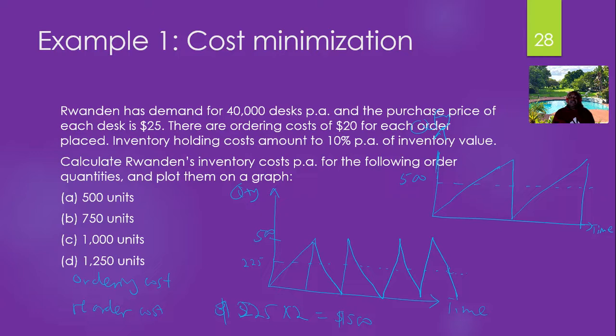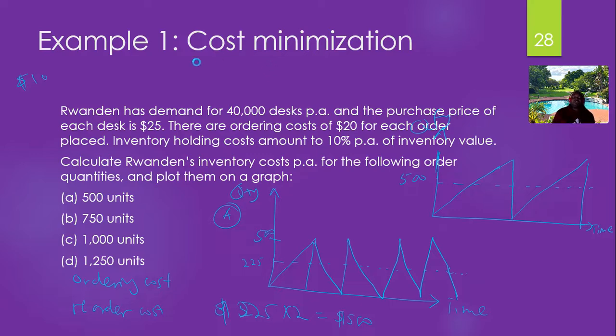Let's say if we were ordering 500 units per month, and the order was, let's say, $10 per order, it means in our first example, let's call it A, where we're ordering 500 units per month, the number of orders in a year, that's 12 orders.